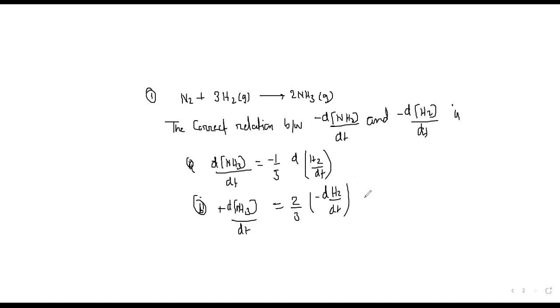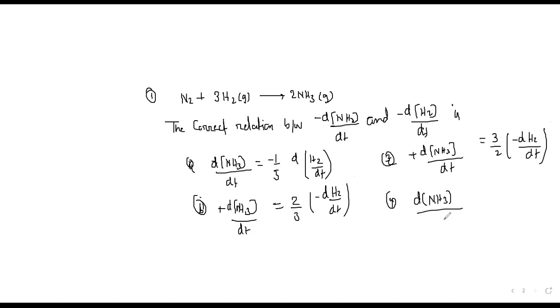Third option, C: plus dNH3 by dt is equal to 3 by 2 into minus dH2 by dt. Fourth option: dNH3 by dt is equal to minus dH2 divided by dt. Please mark the correct option.